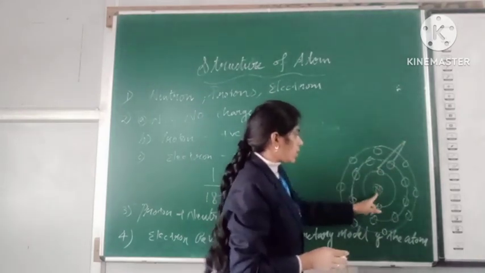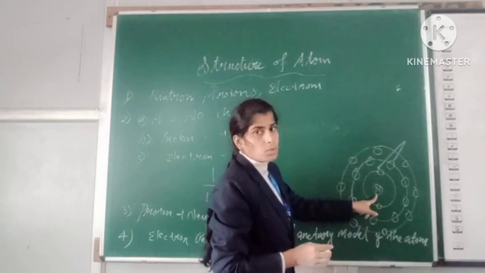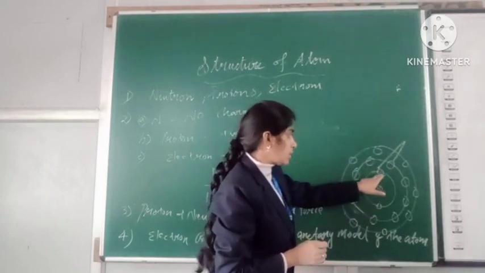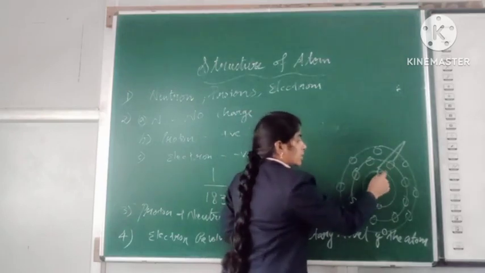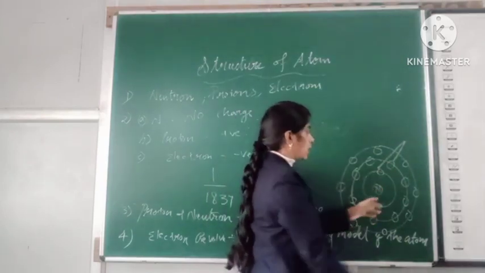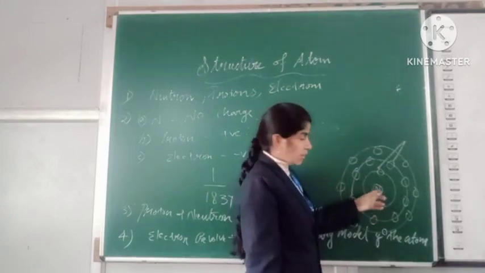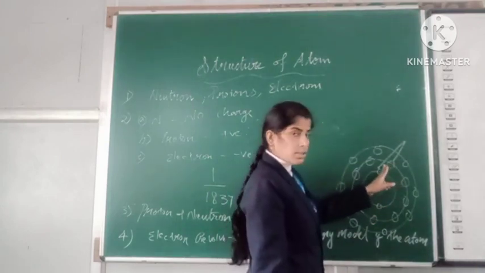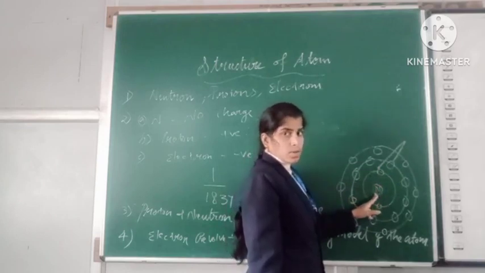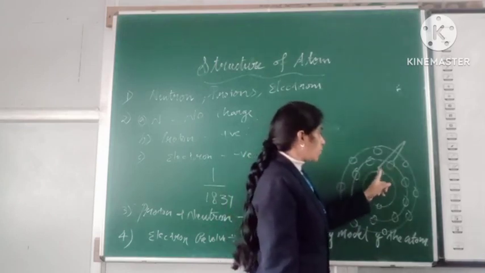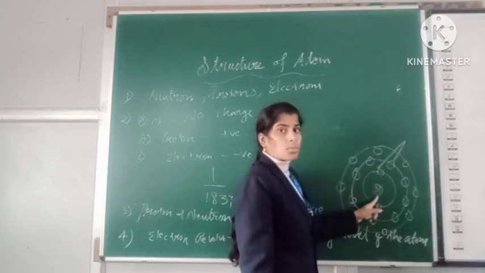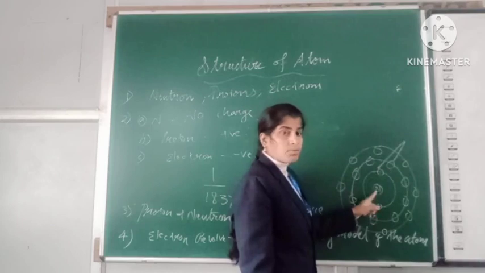These two electrons are close to the nucleus, so they have a bond. They are held strongly by the attractive force, strongly by the electric pull of the proton. Because of the electric pull of the proton.